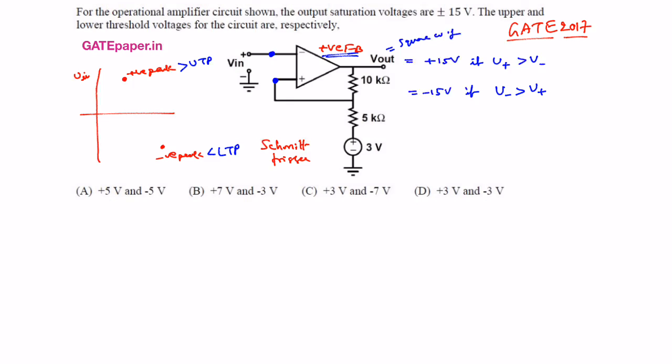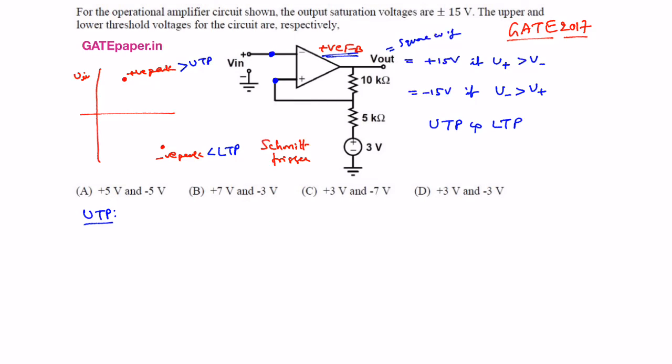Okay, now we are going to calculate UTP and LTP. First we will calculate UTP. UTP means upper threshold point, is the input voltage at which the output makes a transition while the input voltage is moving in the forward direction. Okay, write it.